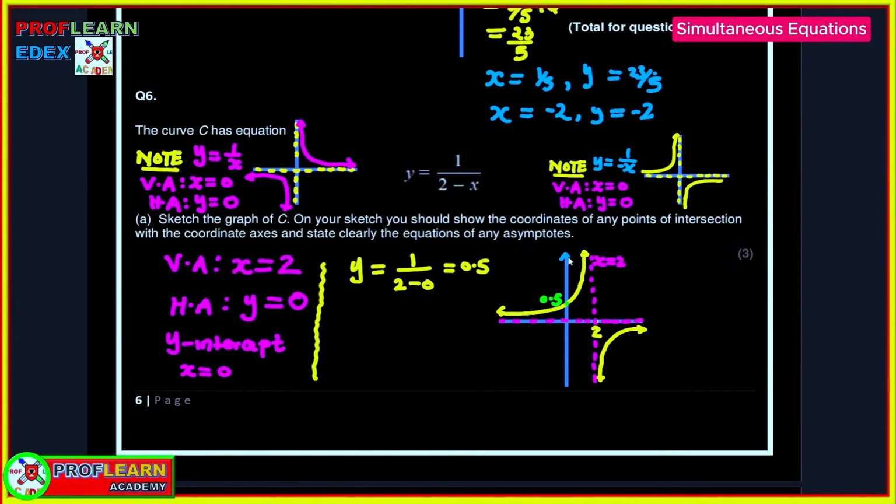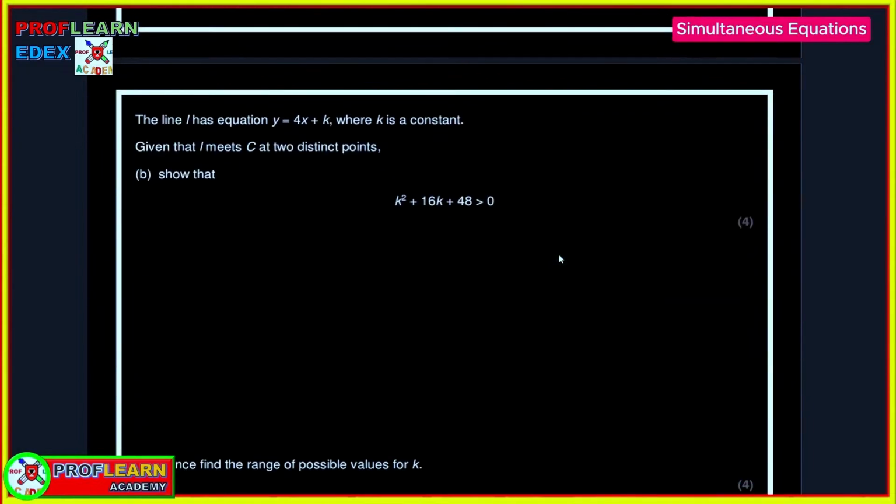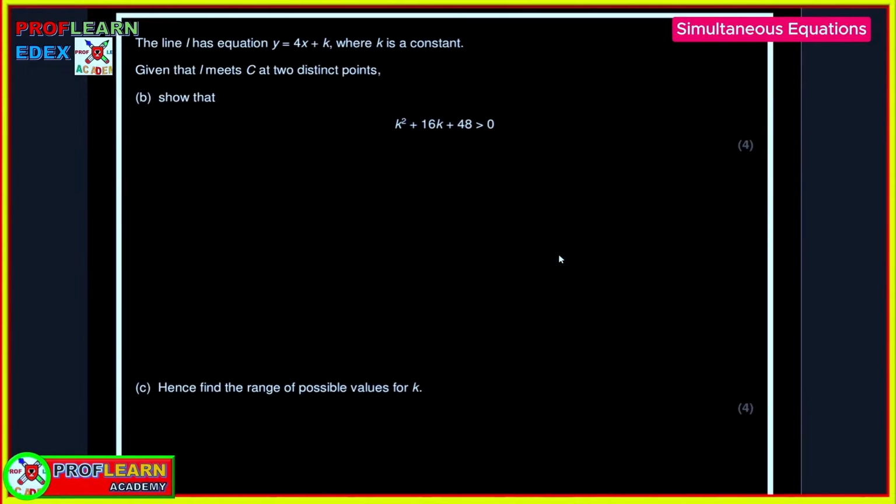Now we need to go to the next bit of the question, part B, whereby we are told that the line L has the equation y equals 4x plus k, where k is a constant, and it's given that L meets C at two distinct points. Already we have mentioned how to deal with this: when you are told two distinct points, it means that the discriminant is greater than 0.